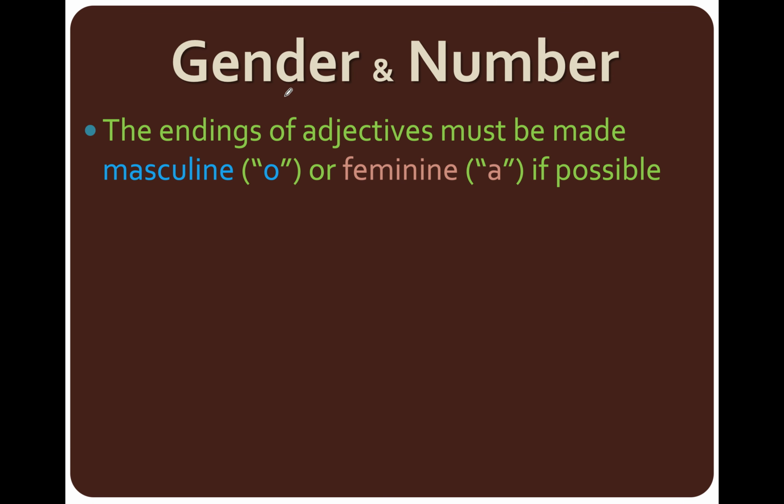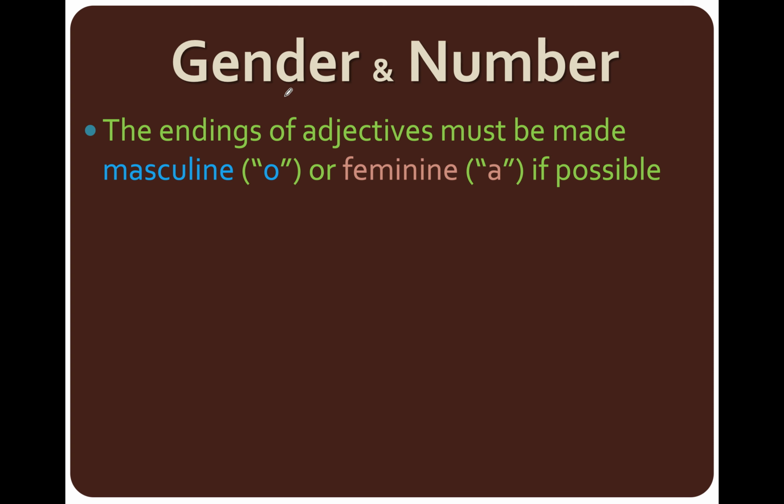If you remember from the colors, like rojo and roja, it can also be changed into rojos, rojas. 4 variations of the color red, and then you choose rojo, roja, rojos, or rojas based on the gender of the noun or the object that it was describing. Do you remember that? Well, the same thing we have to do with these other adjectives, like tall. Tall is alto, but it can be alta, or altos, or altas.